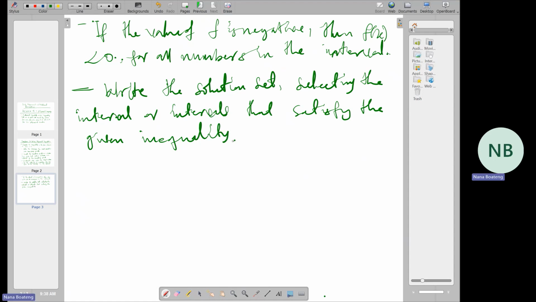All right, so all these steps will become clearer as we use an example.